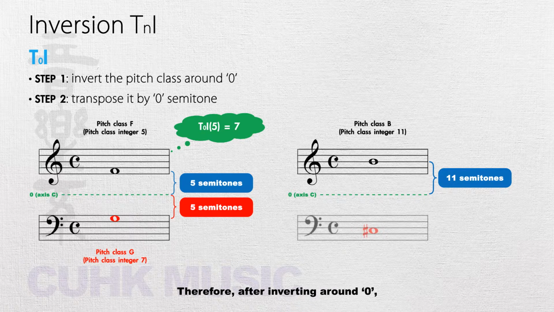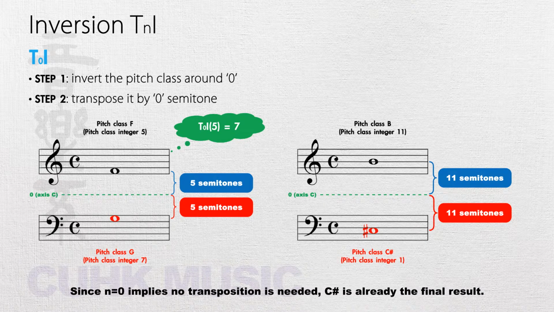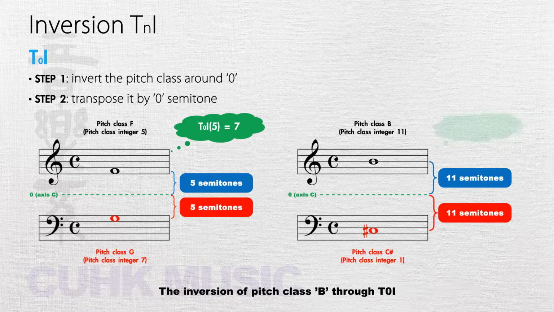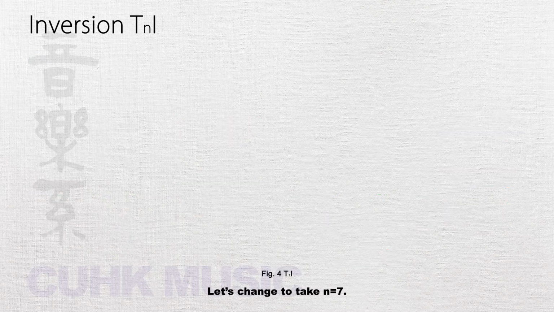Therefore, after inverting around 0, it becomes 11 semitones below 0, in other words, pitch class C sharp. Since n equals 0 implies no transposition is needed, C sharp is already the final result. The inversion of pitch class B through T0I gives the pitch class C sharp and can be denoted as T0I11 equals 1.